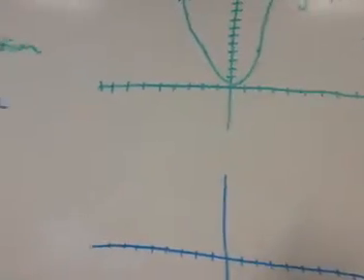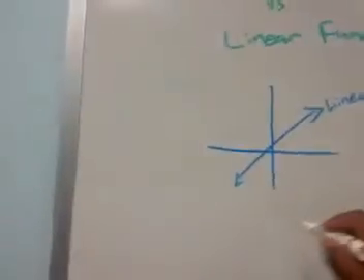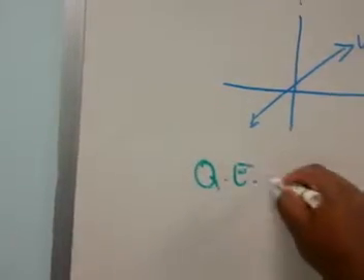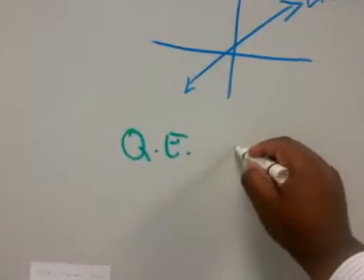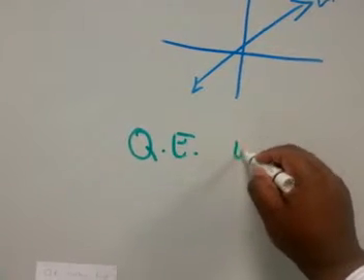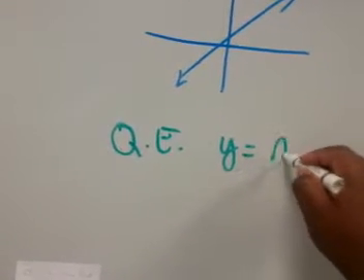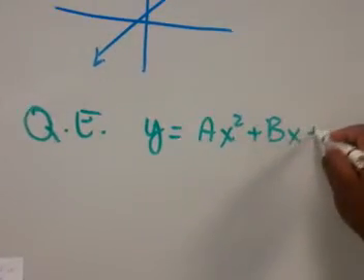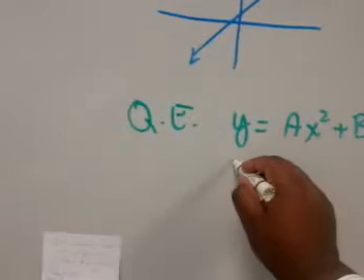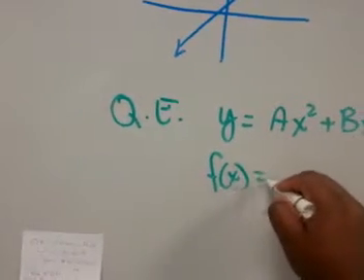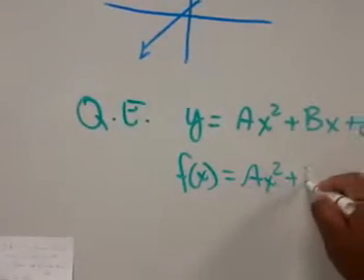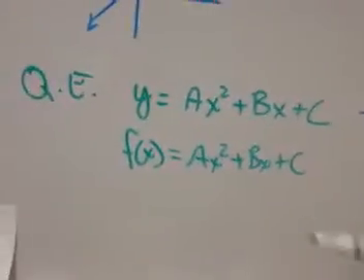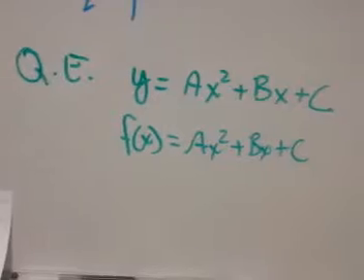The quadratic equation is in the form of what? Well, we can say y equals ax squared plus bx plus c, or we can say f of x equals ax squared plus bx plus c. It's the same thing. Sometimes you'll see it as y, sometimes you'll see it as f of x.